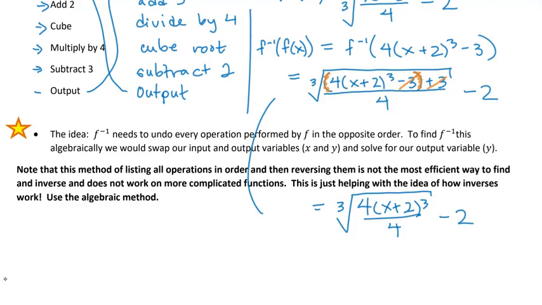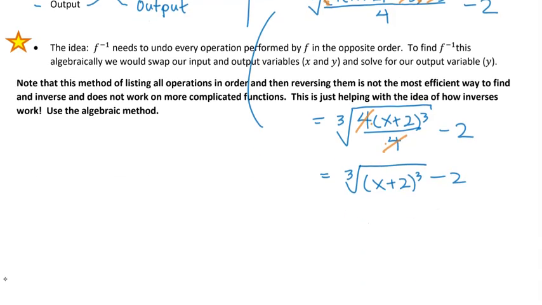And now I notice that once I get rid of the 3's, I am multiplying by 4 and dividing by 4 back to back here, so I can cancel that out. And then I'm left with the cube root of (x plus 2) cubed, minus 2.